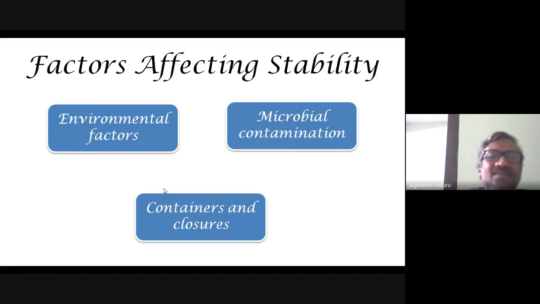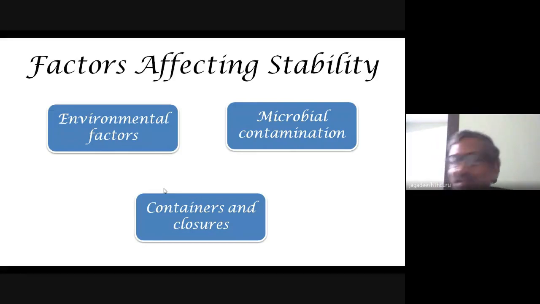So these factors you have already learnt in microbiology. The container closure system you are going to study in pharmaceutical technology in a nearby course, and drug delivery systems, NDDS, you are going to study later, and environmental factors which we are going to have now. In our practical, we have an experiment based on the impact of temperature on the stability effect.